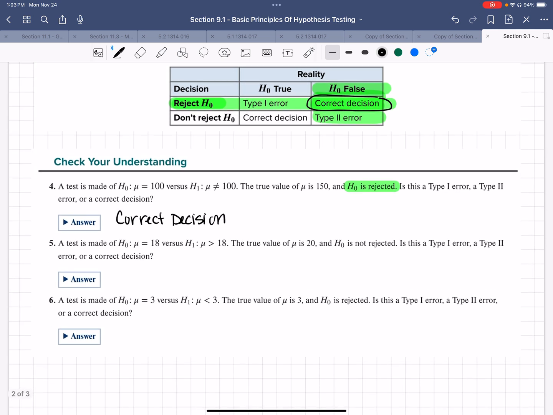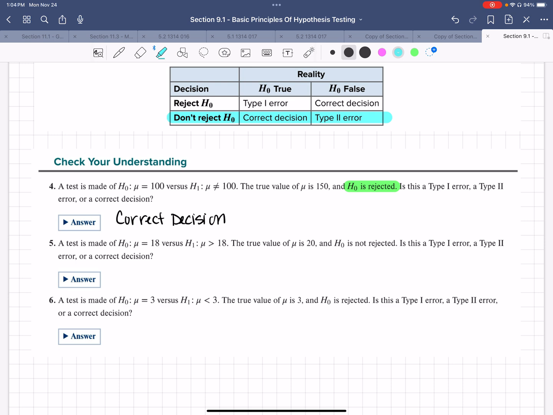Okay, number 5. A test is made of the null mu equals 18 versus the alternate mu is greater than 18. The true value is 20 and the null is not rejected. We don't reject the null.